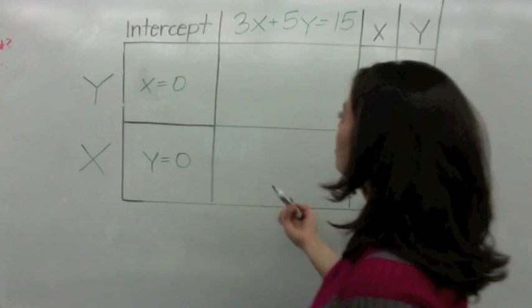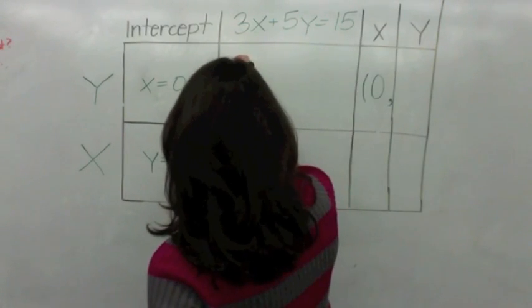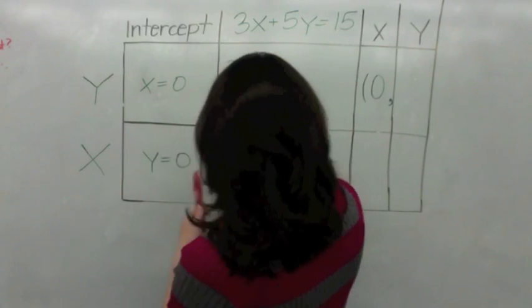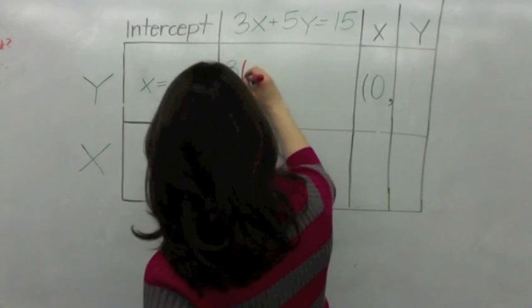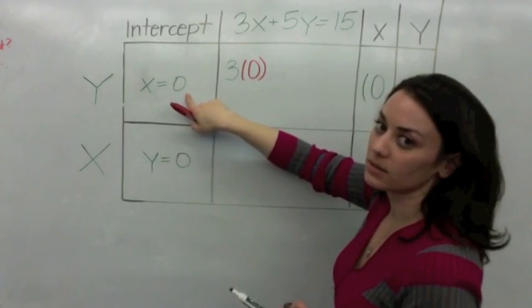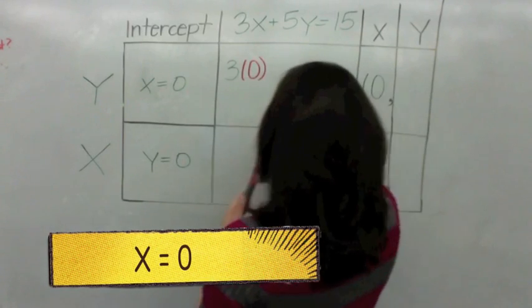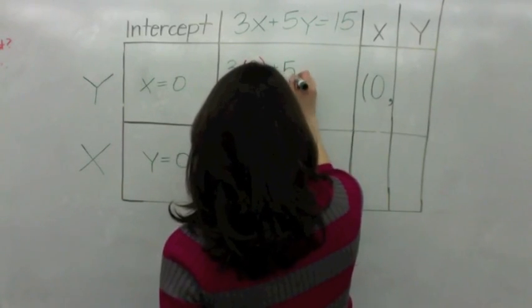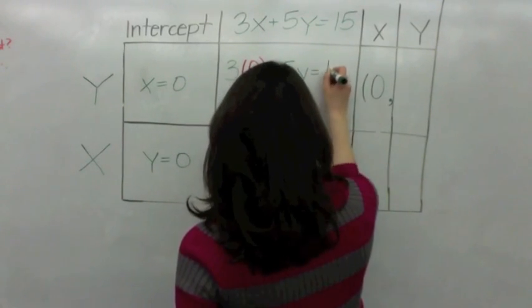That's right. So if x is 0, we're going to say 3 times 0. What is x? X is 0. Then you're going to add 5y. It's going to equal 15.